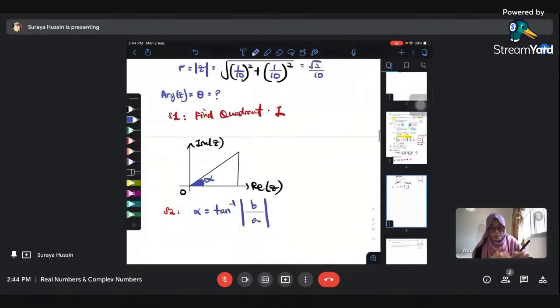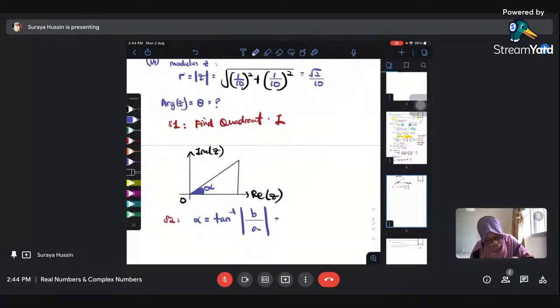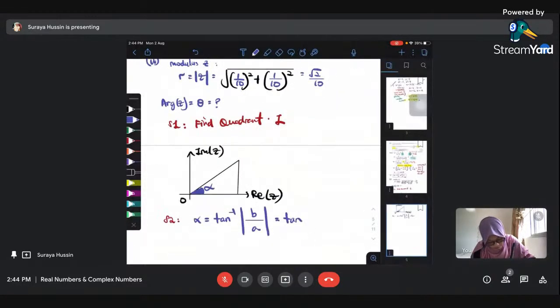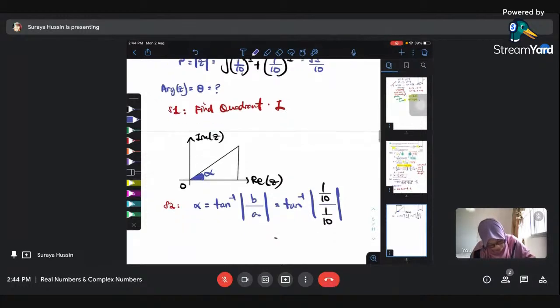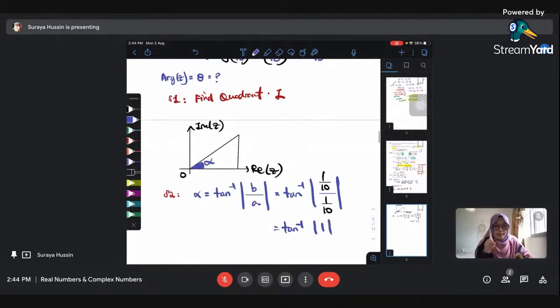By this time, you should remember the formula already. So B kamu adalah, what is your B? Your B is 1 over 10. And your A is also 1 over 10. And eventually, you only get shift tan, iaitu nilainya 1. Modulus 1, still 1.